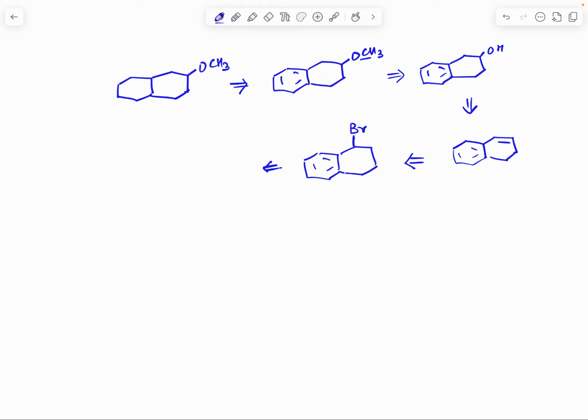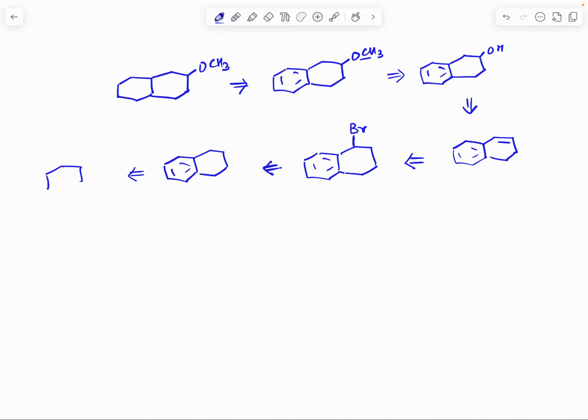Well, what if I know how to add a bromine out here? So if I take that one step back, then I get this. And then how do I add this ring out here? I could do it a few different ways, but we can use a Friedel-Crafts acylation.